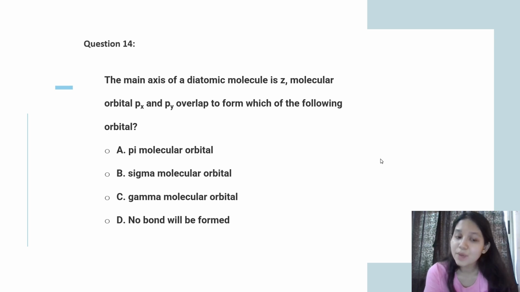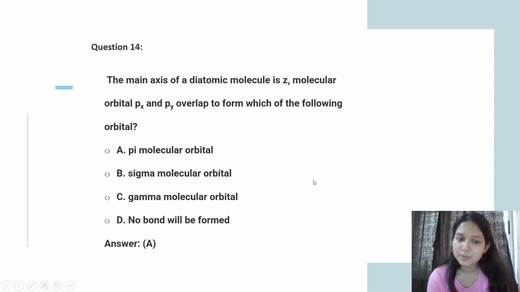But if you have lateral overlap, you will be left with a pi molecular orbital, because they will have pi interaction between the atomic orbitals of the two atoms undergoing molecular orbital combination. So the option is A. The molecular orbital px and py will overlap to form a pi molecular orbital.